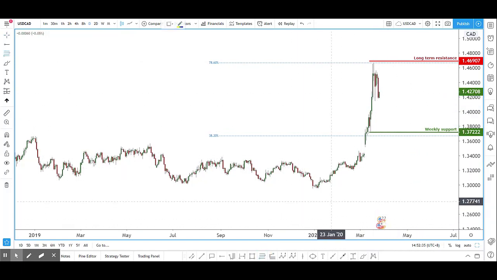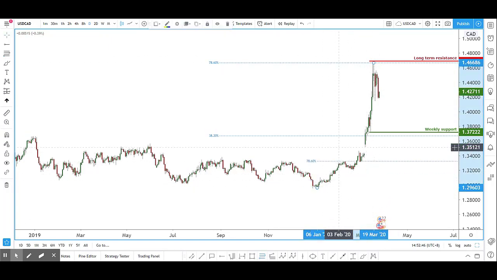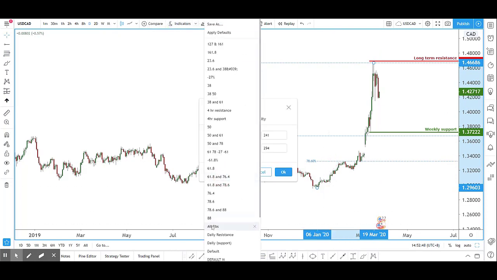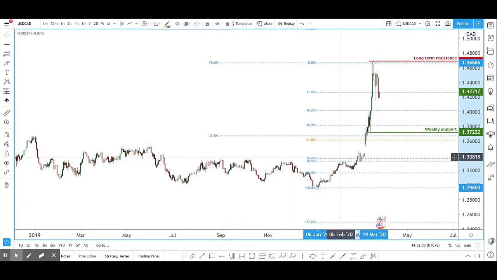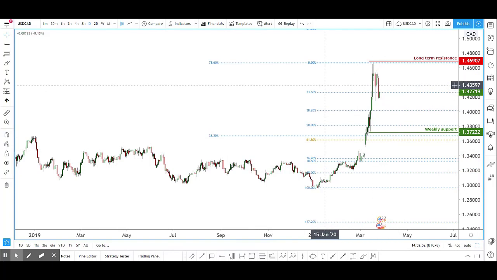So what we want to do is take a small retracement, because it's such a straight and strong impulsive move. Let's just use retracement and Fibonacci levels from the swing low here to the swing high. We open up all the ratios, and we can see the price has really broken below the 23.6% on the daily retracement.